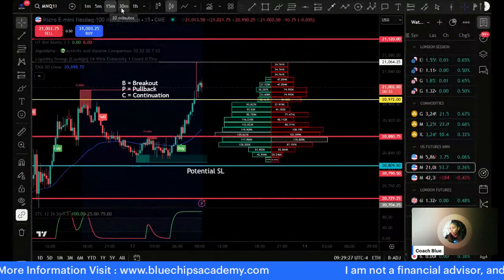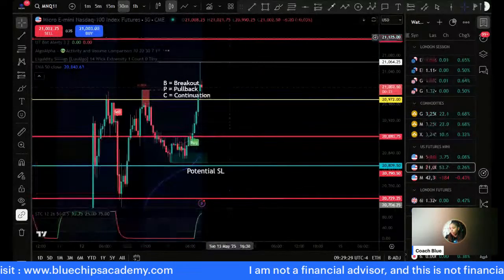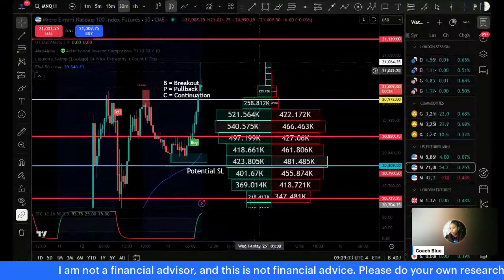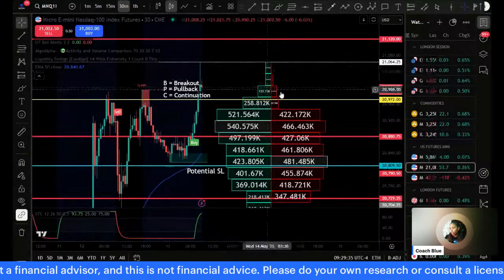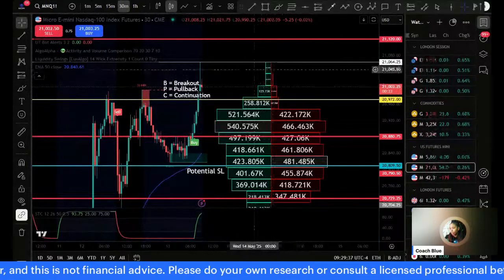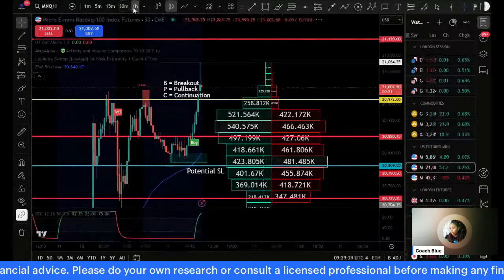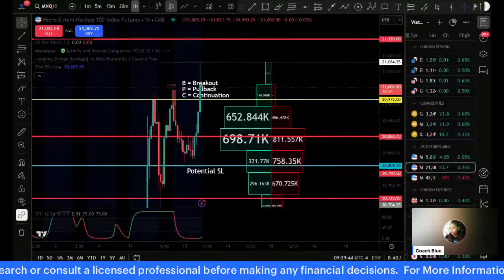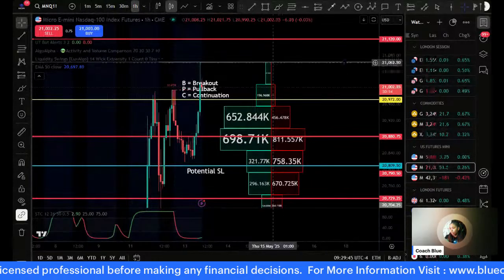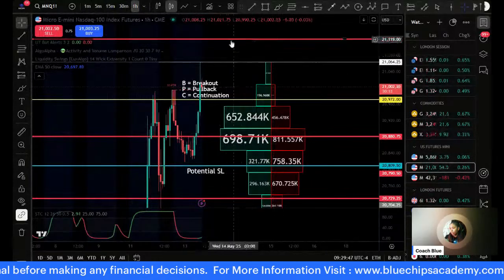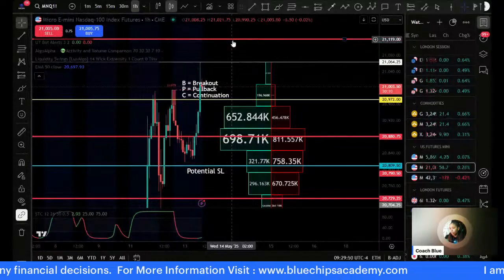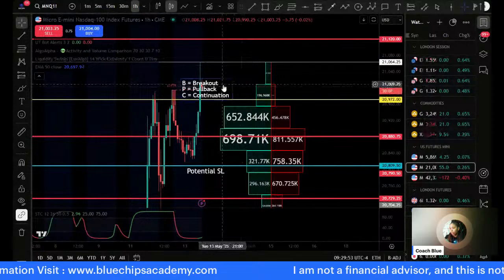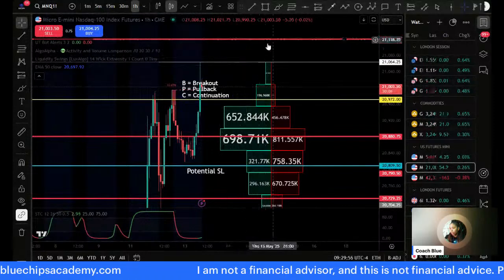Let's go to the 30 minute. Not a lot of orders here, not a lot of money here. Let's go to the 1 hour. Yeah, not a lot of money. So this could go either way, guys. We could get a lot of sellers here, or some buyers that come in. The buyers have a higher chance to push through, though, because there are not a lot of sellers sitting in this area.